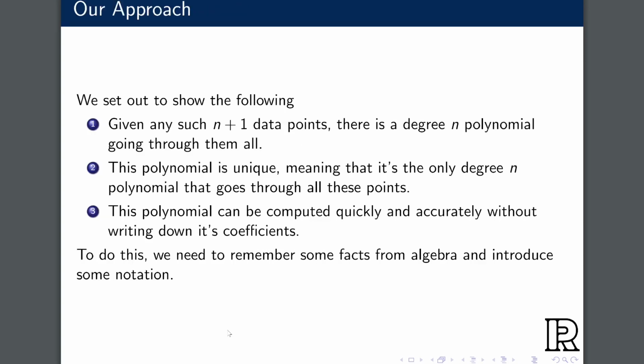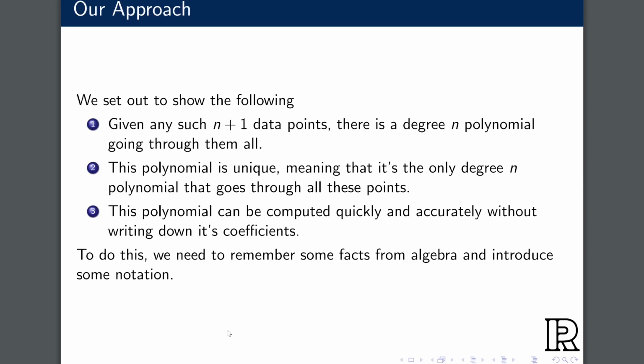Okay, so I'm going to outline our approach real quick so that there's some structure. I want to show you first that this problem is always solvable. If you give me any n plus 1 data points, then there's going to be at least one degree n polynomial going through them all.